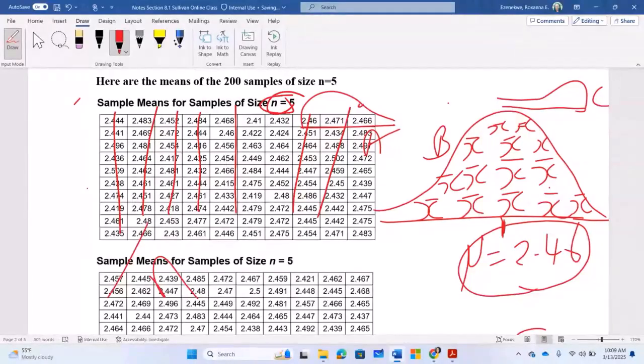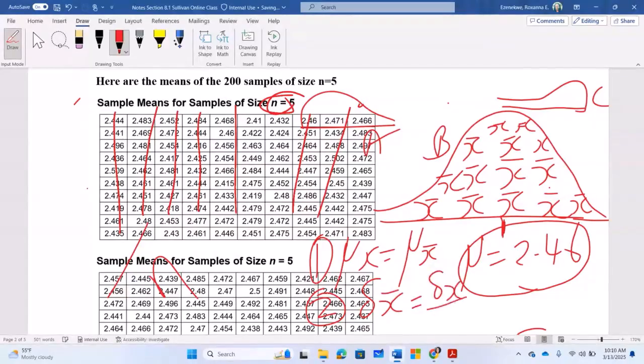Another argument: the mean of the original data, mu x, is equal to the mean of the sampling distribution. Argument number 2: the standard deviation of the sampling distribution, which is the standard deviation of x bar, is equal to the standard deviation over the square root of the sample size.